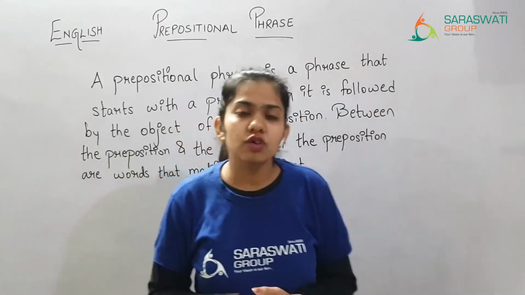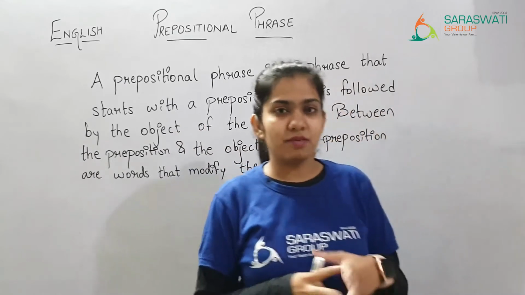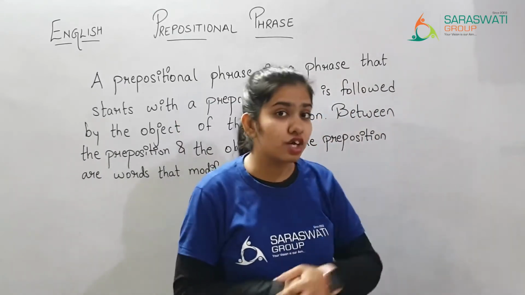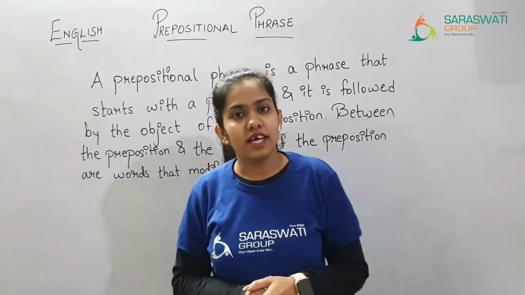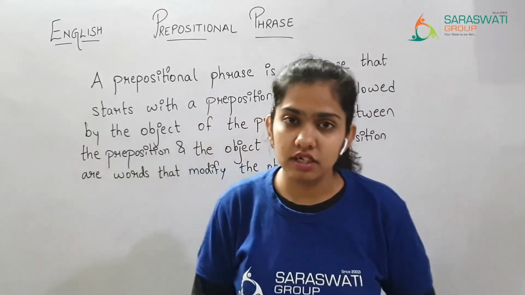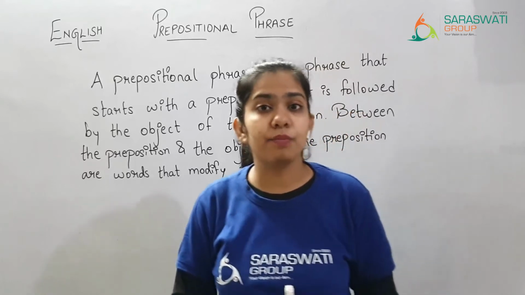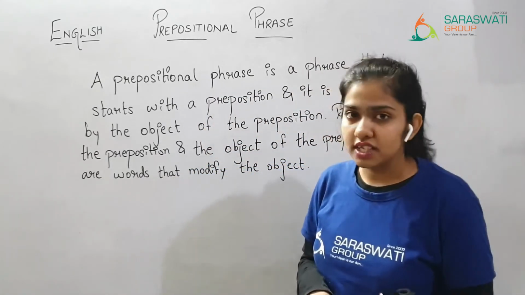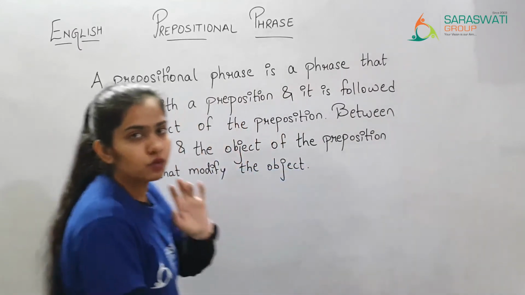I know that by hearing the definition you will be somewhat confused. So by getting some examples you will be clear about what exactly a prepositional phrase is. Once again I am repeating the definition so that you will be clear.